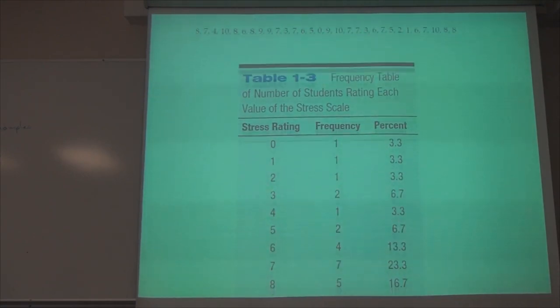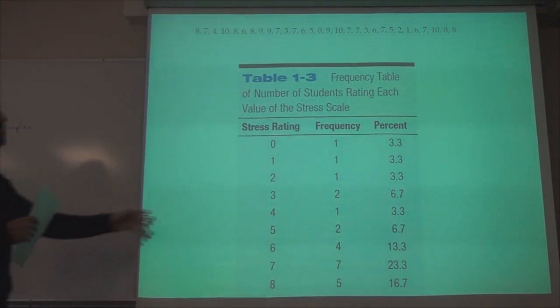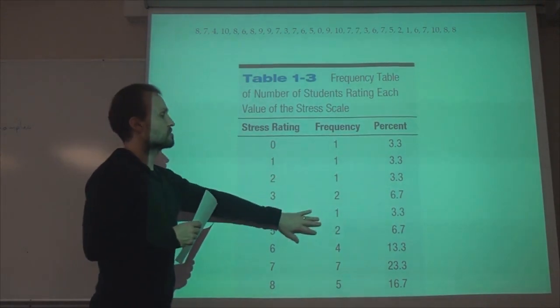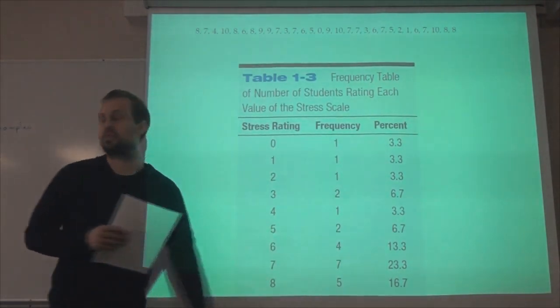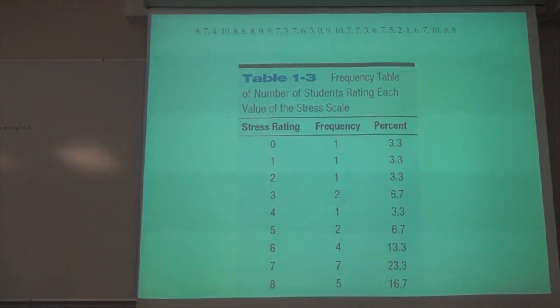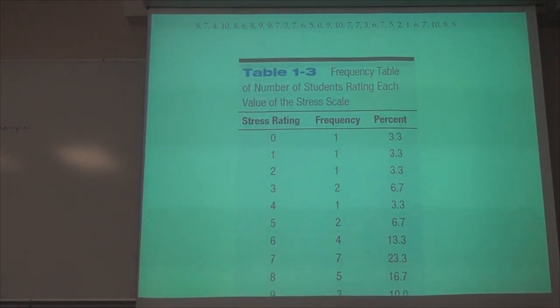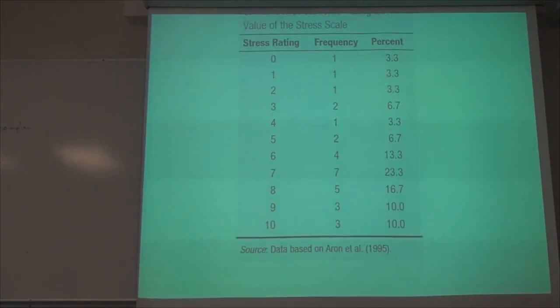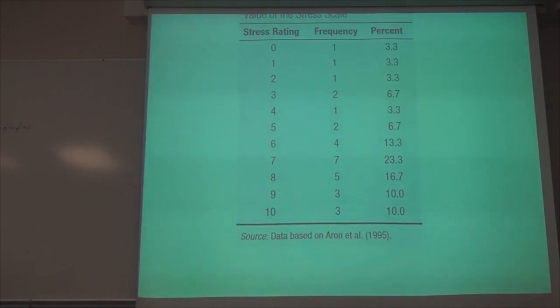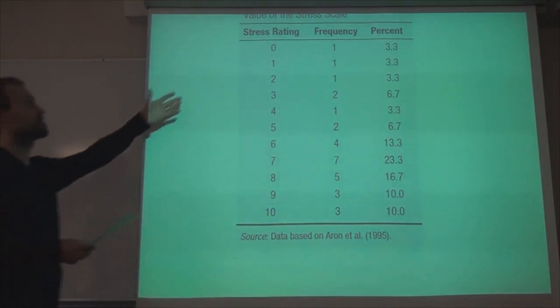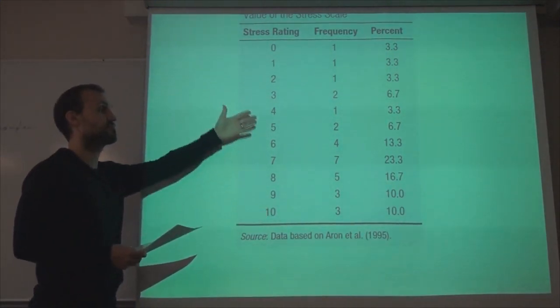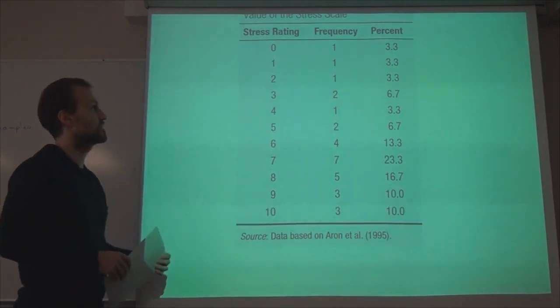So the key concepts here are frequency, frequency table, or I also call it a frequency distribution because it tells me how the observations are distributed across the different values of the variable, the different possibilities.